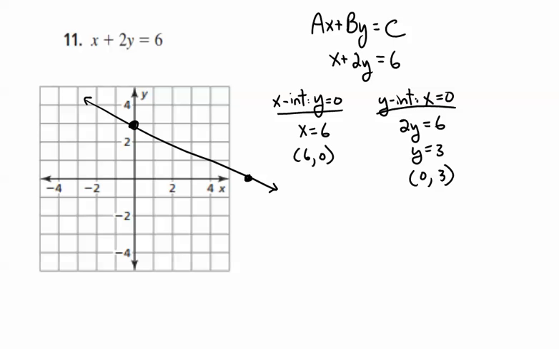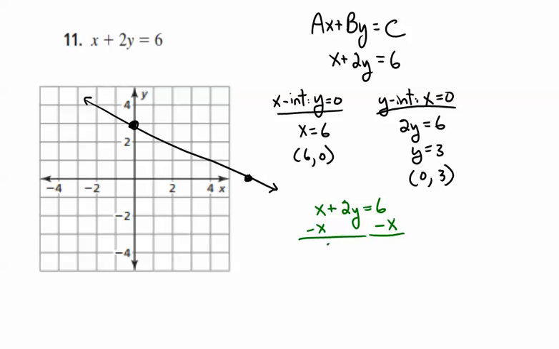Now, let's see how we would graph that the new way, or the way that we've learned in this section here. We need to solve that equation for y, or put it into y equals mx plus b form. So to do that, we have x plus 2y equals 6. I need to isolate the y, so I'm going to subtract x on both sides.